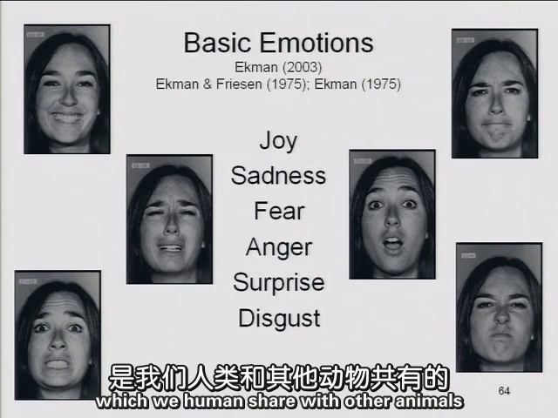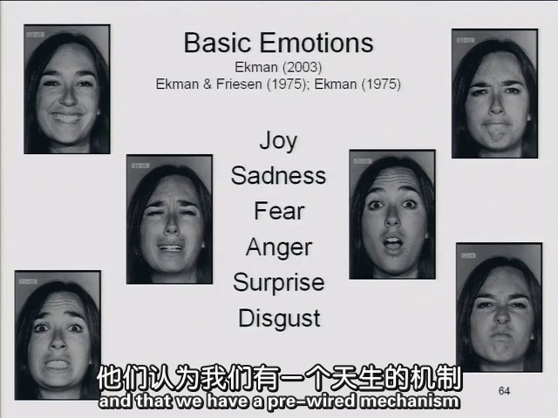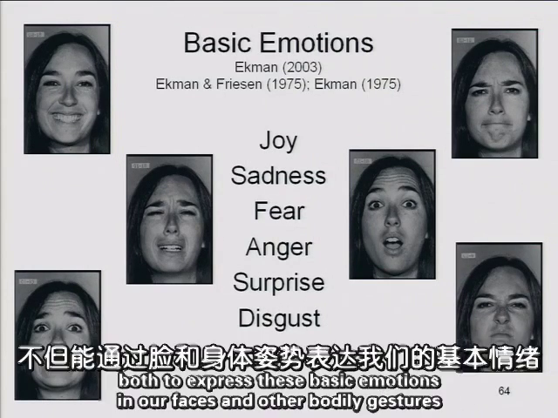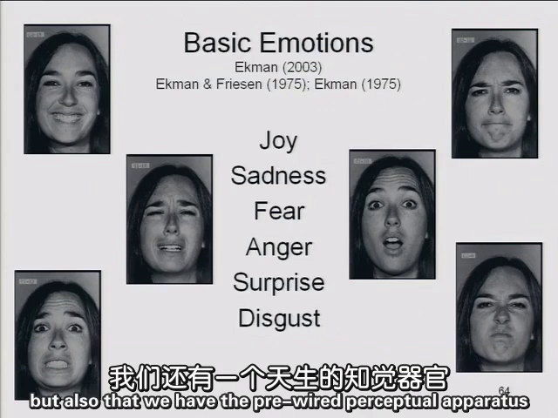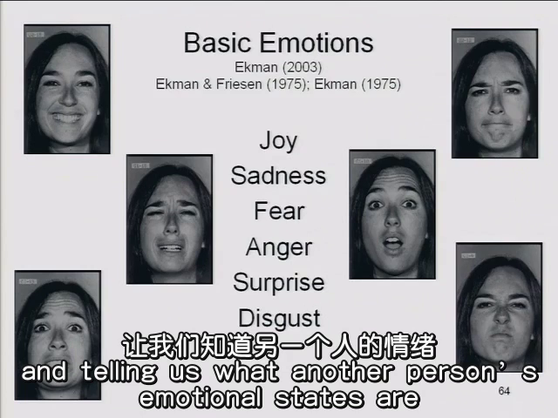humans share with other animals, especially primates, especially mammals, and that we have a pre-wired mechanism both to express these basic emotions in our faces and other bodily gestures, but also that we have a pre-wired perceptual apparatus that is geared to reading precisely these faces and telling us what another person's emotional states are.